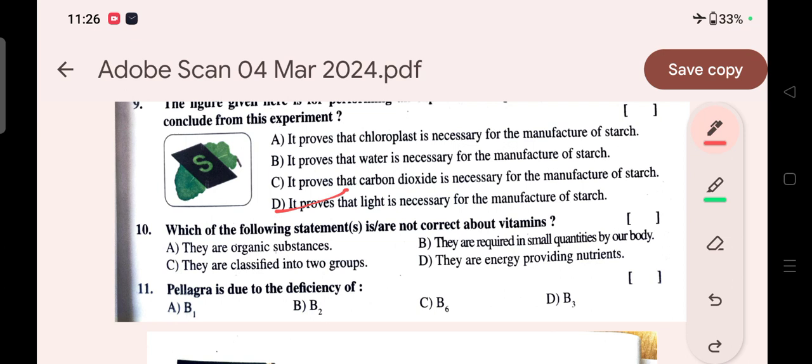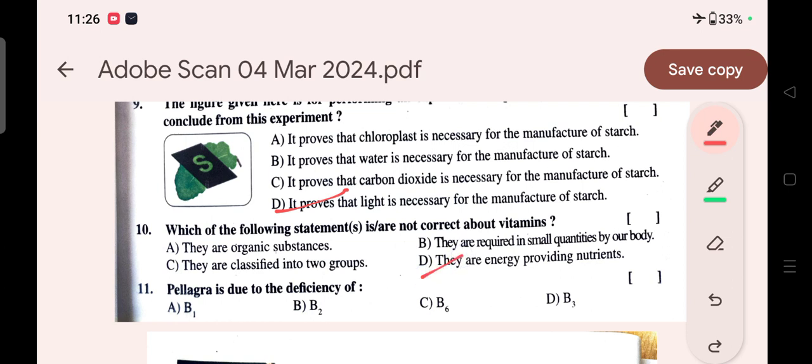Yes, correct. They are classified into two groups, water soluble and fat soluble. This is correct. They provide energy: not correct, vitamins are not energy providing nutrients. Option D is the correct answer.